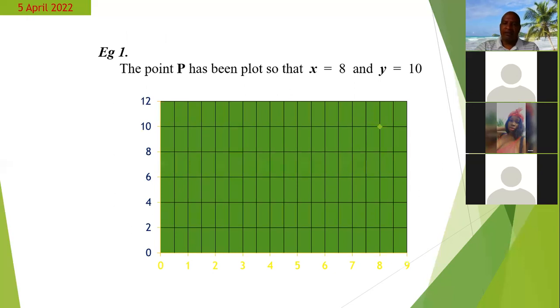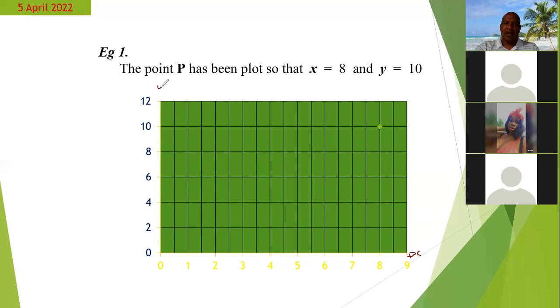So here's our graph, and if you notice, this is a graph where we are only working with the positive side of the axes. So we are working with the positive x, and we are working with the positive y.